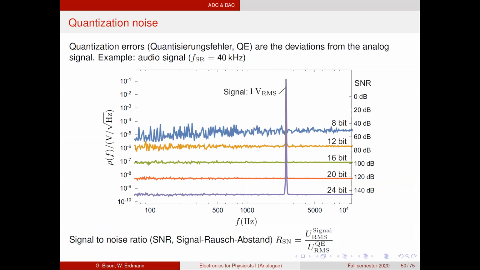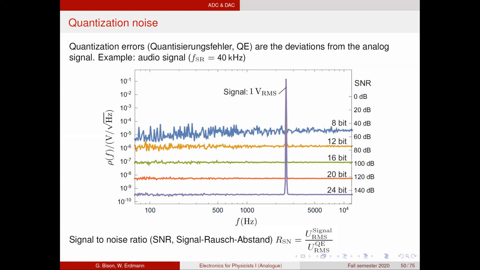Let's have a look at the spectrum. The quantization noise for a typical system has a frequency dependence that is almost white, as you can see here. What I did is I simulated a signal of 1 volt RMS, and then digitized it artificially.